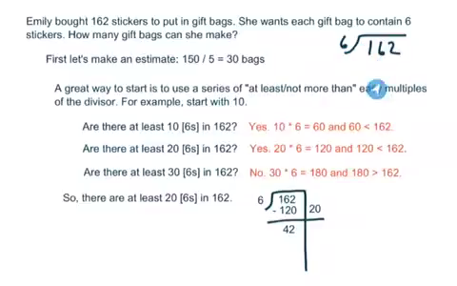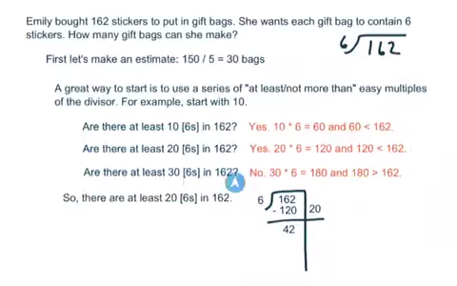So I know there are at least 10, so I could start there. But I'm going to go on because 162 is a pretty big number and 60 is not close. So then I could say, well, are there at least 20 6s in 162? And again, I'd be able to say yes, because 20 times 6 is 120, and 120 is, again, still less than 162. Getting closer, but still less.